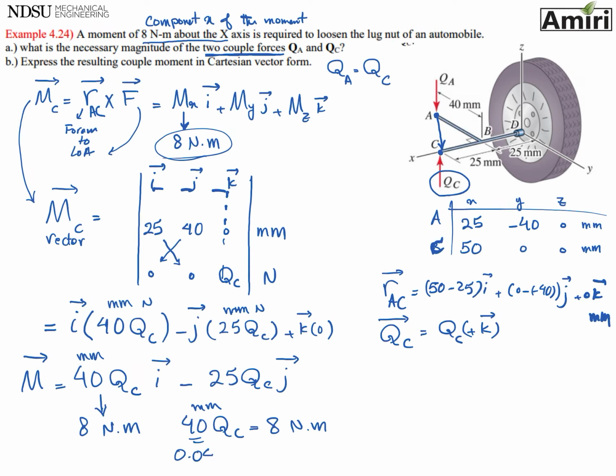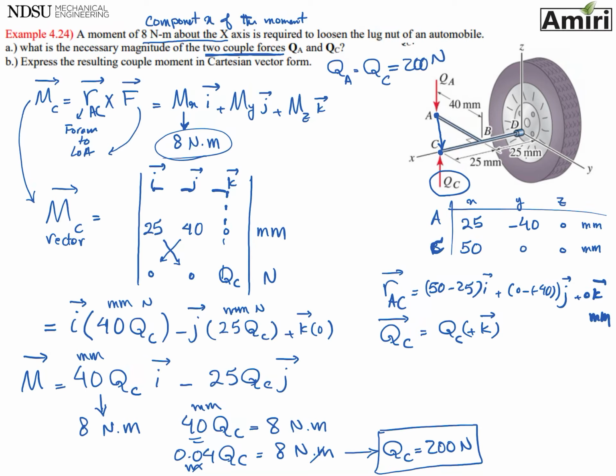I need to change this to meters, so 40 mm becomes 0.04 meters. If I do this, I am going to get QC. Now the units match because meters and meters cancel, and all that's left is 200 Newtons, which is the same as QA, 200 Newtons. Okay, that was part A.